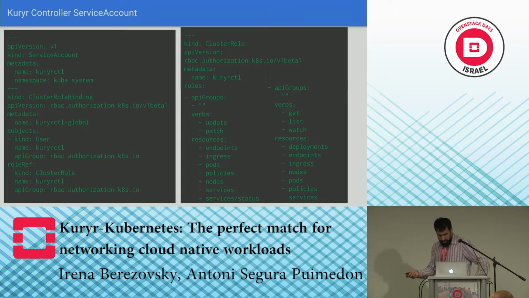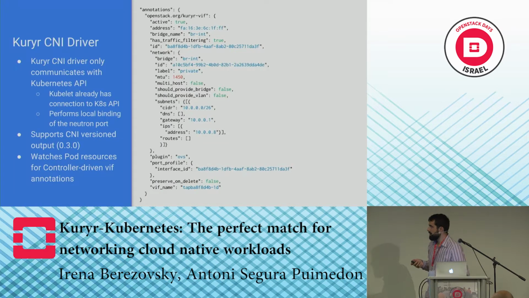So here we have some of the resources that it touches. Actually, some of them are future-proofing, like nodes and so on. In case we use SR-IOV, we're probably going to keep and maintain the SR-IOV pools, the virtual functions, in such objects. Then the CNI driver, what you can see here is the annotation that Irena was talking about, what kind of information is stored.